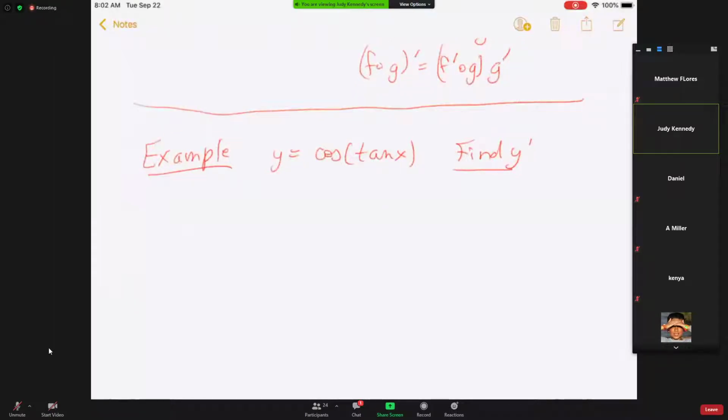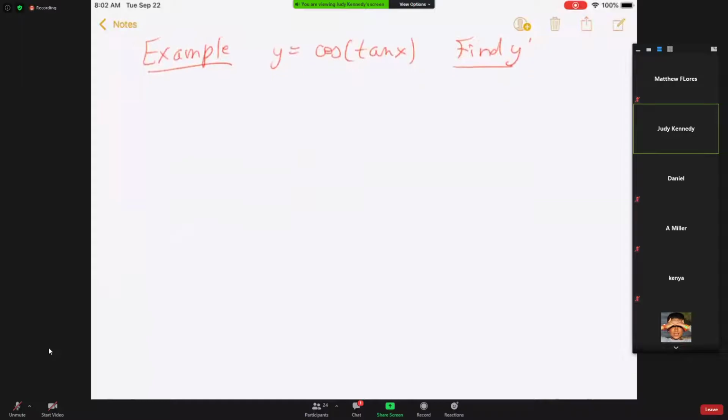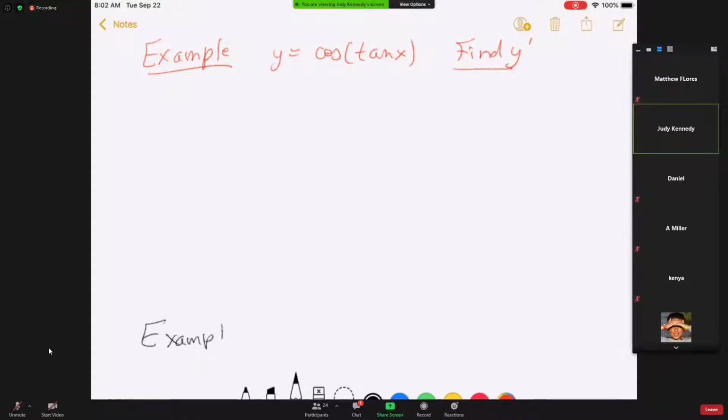I thought we would do this one first, so a little practice on the trig functions, and also a similar one just for comparison. Okay, these are two different functions.